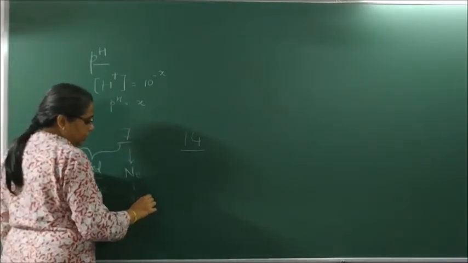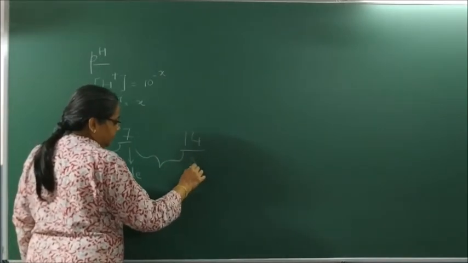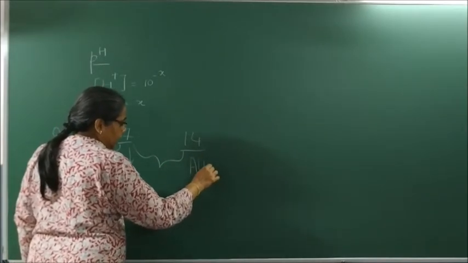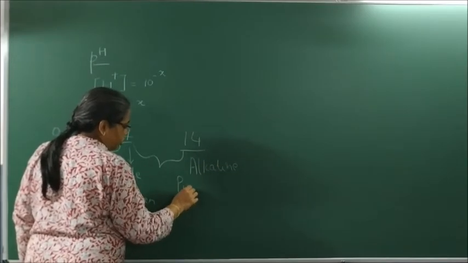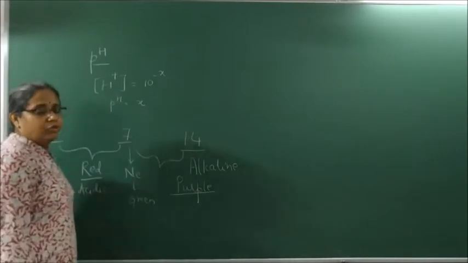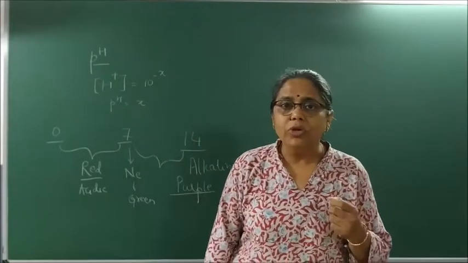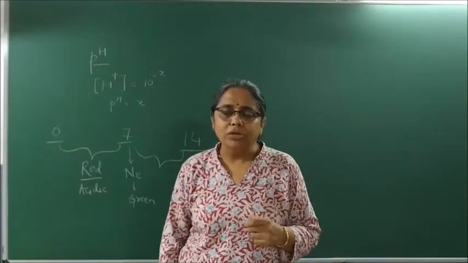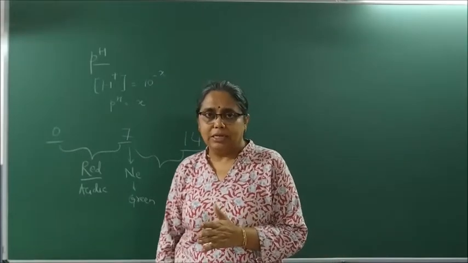Green in color. And then from 7 to 14, which is basic or alkaline, you basically show what color? Shades of blue and purple. What is a pH paper? A pH paper is a paper which is dipped in universal indicator. What is universal indicator? It is a mixture of many indicators.